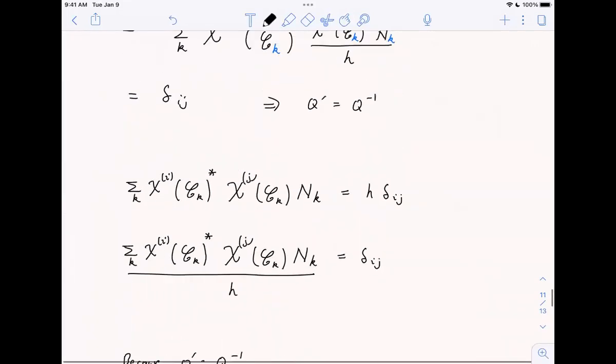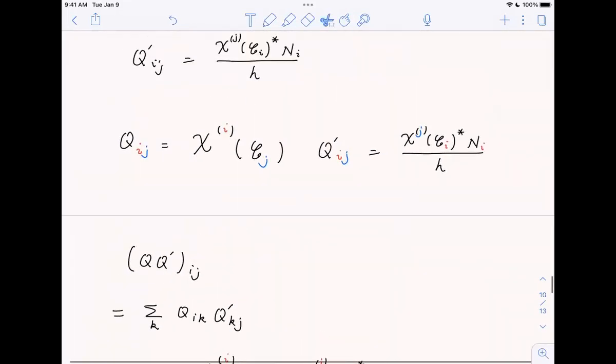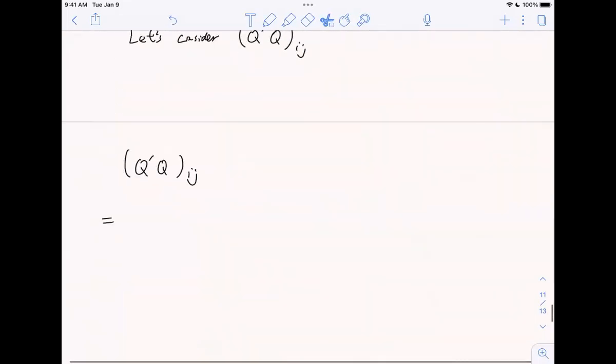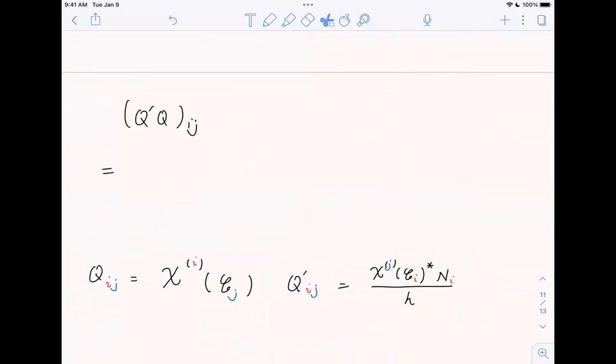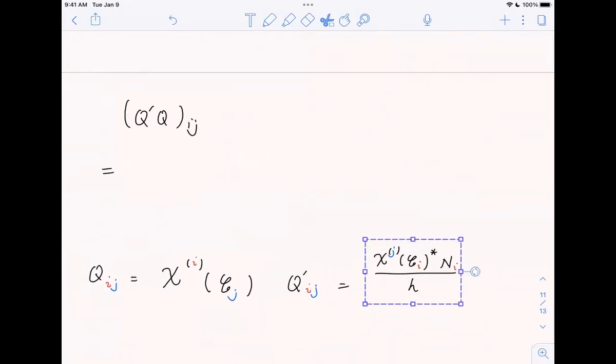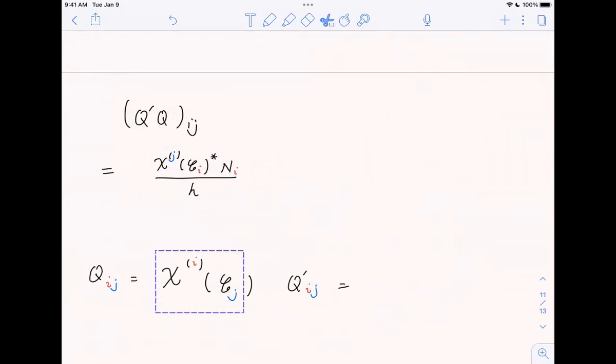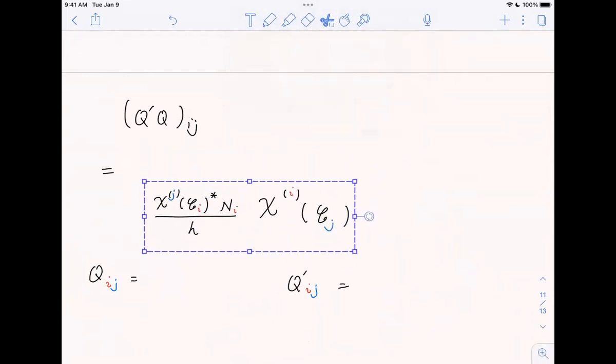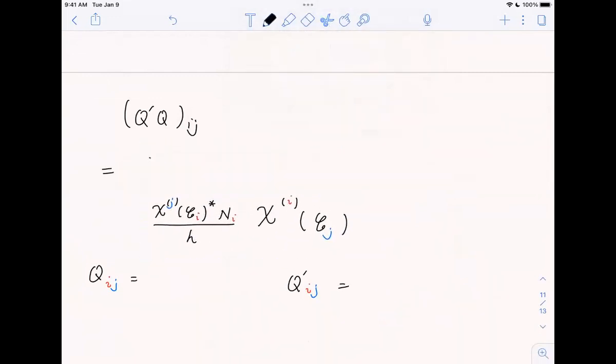So we're going to go back to this definition again. Q prime is this thing, Q is this here. And of course, we need to sum over K: Q prime I K, Q K J.